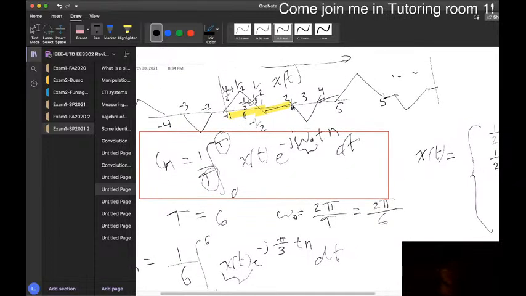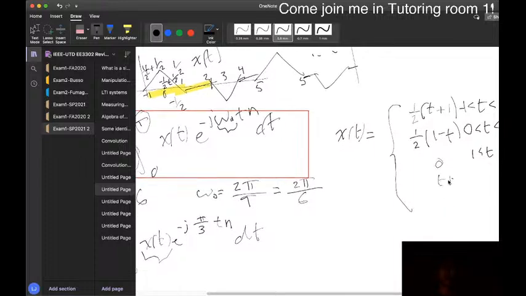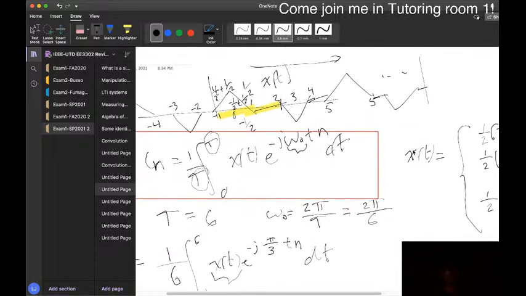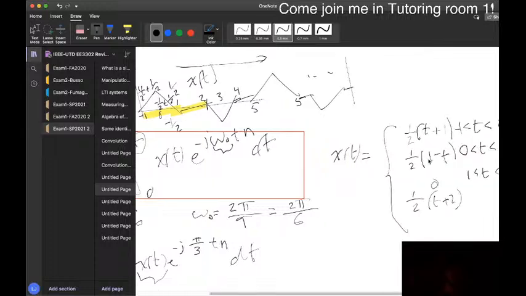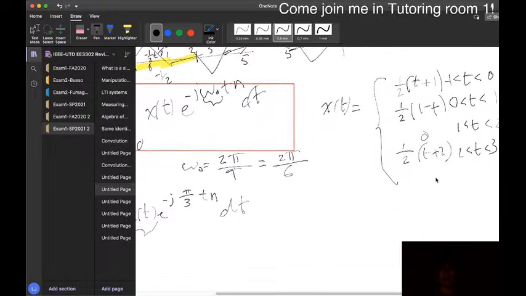So at 3, this has a slope of 1, and then this is going to go up to 2. T plus 2, 1/2. So from 3 to 2. And then we're going to get something similar as we got over there: probably 2 minus t over 1/2.